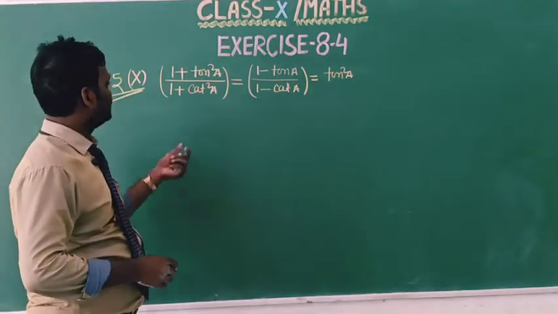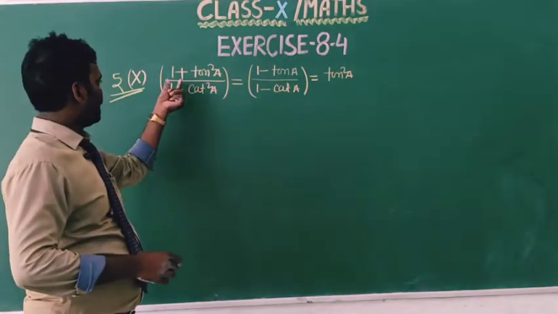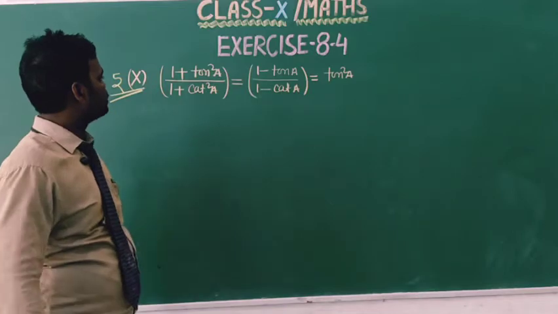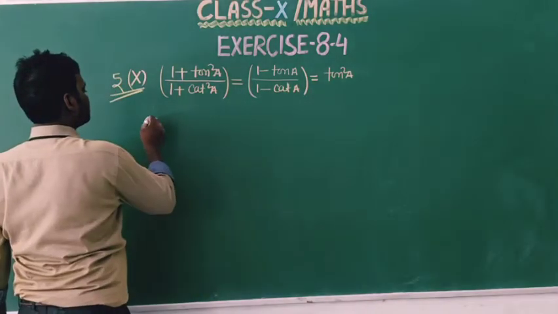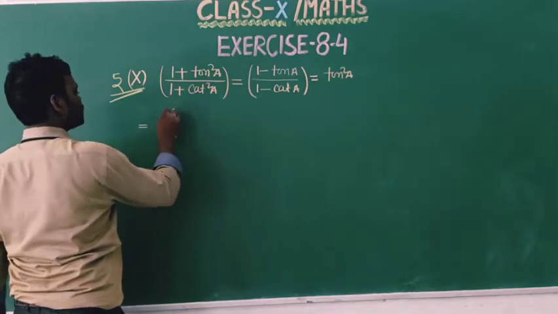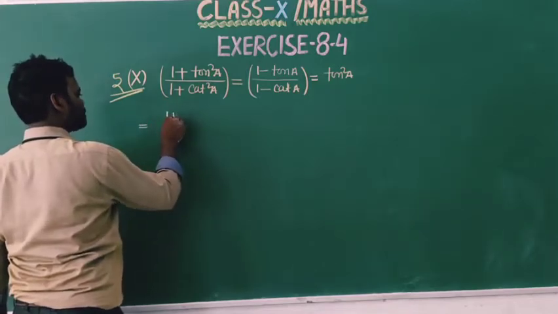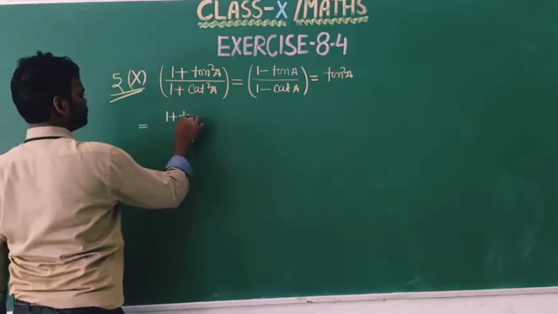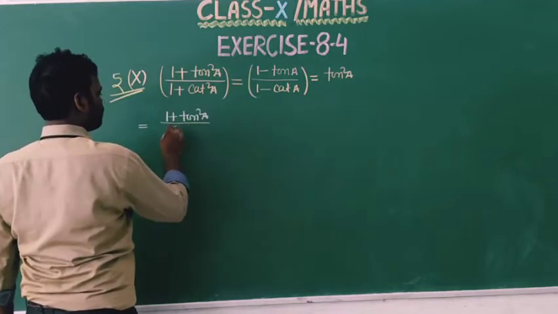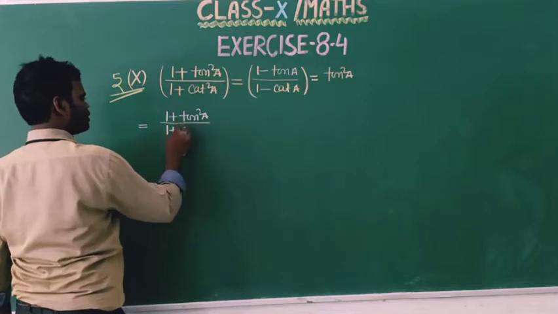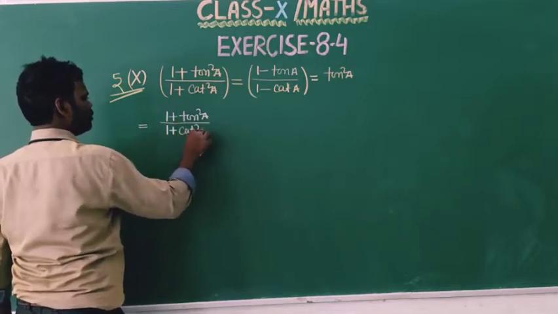Okay, so dear children, first I will solve (1 plus tan square A) upon (1 plus cot square A).